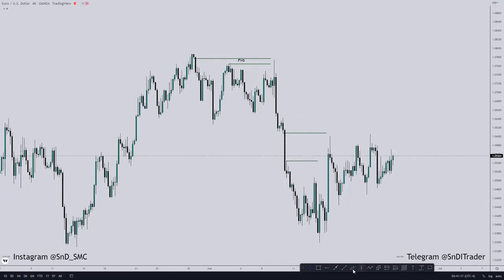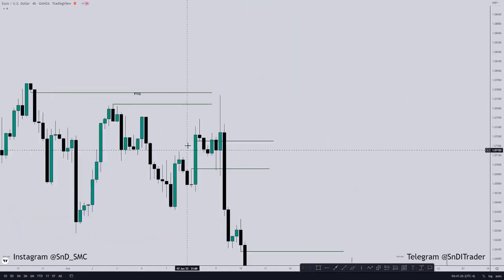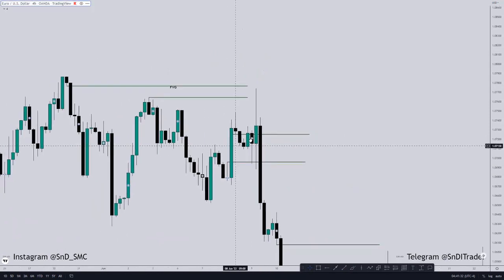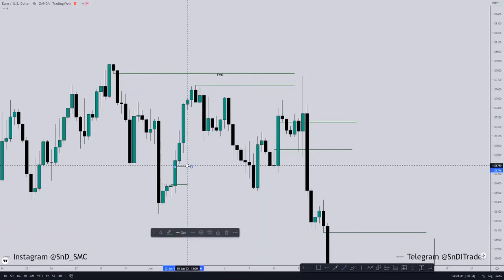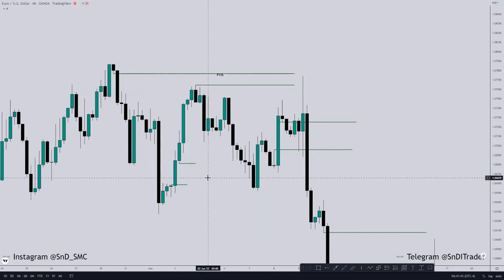And there are lots and lots of fair value gaps. You see, this is also a fair value gap here. The wicks closed here and this wick closed here, so the gap between all these wicks will be a fair value gap. In this zone, we have a fair value gap from this one to this one.